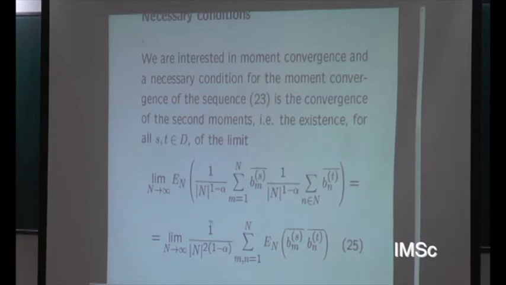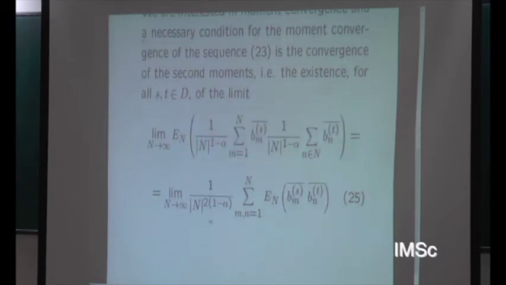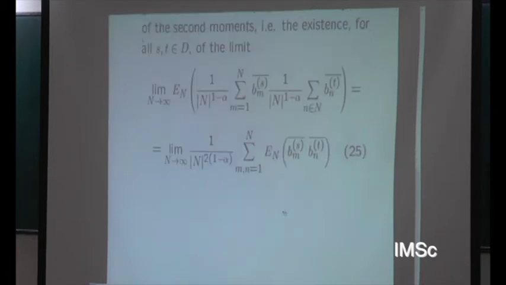I will look for a necessary condition in the weakly stationary case, when this expectation does not depend on n. It's constant on the lattice, on the set V. And I consider the expectation only of a product of two observables, which corresponds in probabilistic language to the covariance of the process. So if I have two observables, I have two normalization factors, so a factor 2 arises here.